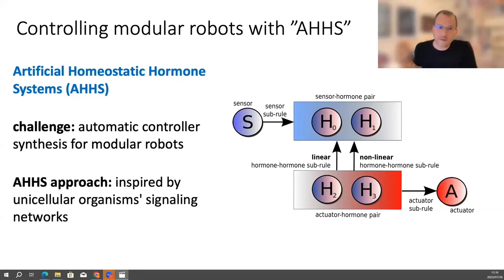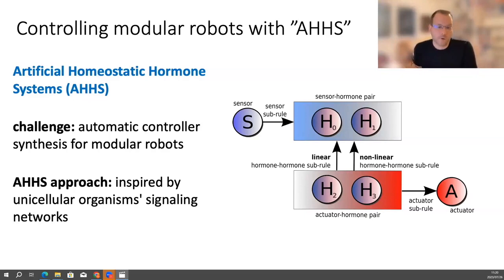Our inspiration roughly came from unicellular organisms and how their signaling networks work. Here's the basic concept. We have sensors and we have actuators in our robot modules. We have to connect them somehow. We want to do it in the following way. The sensor might trigger the addition or the reduction of hormone concentration, like a virtual hormone, in a specific robotic module.